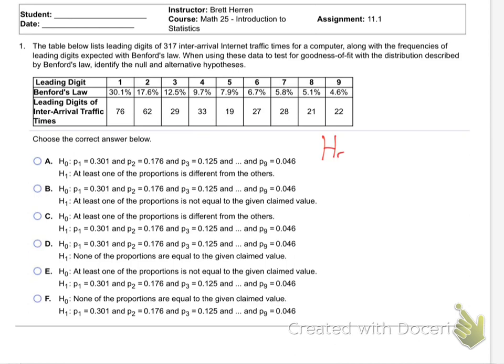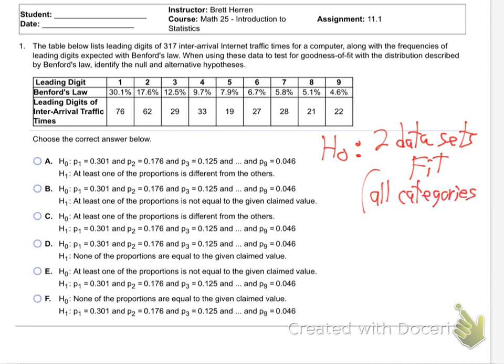In this section, what is the null hypothesis always going to be? It's always going to be that the two data sets fit, meaning all categories match.